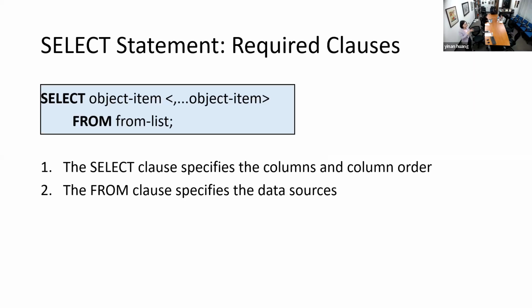To understand these two, when you write PROC SQL, just ask yourself what variables, what columns do you want? When you have that understanding, you put them after the SELECT. It's basically SELECT variable 1, variable 2. The items are just variable names or column names.